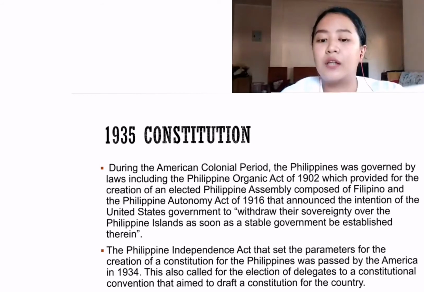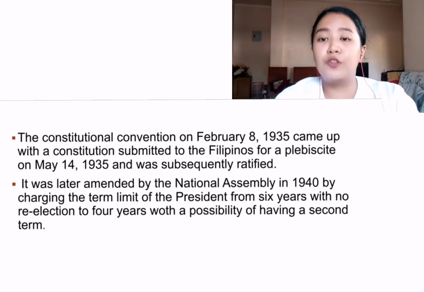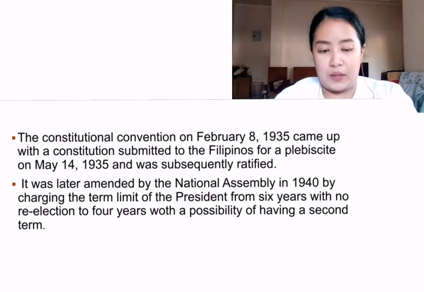And under the Tydings-McDuffie Act is the creation of the 1935 Constitution of the Philippines and the Commonwealth of the Philippines. Under the Tydings-McDuffie Act, nabuo or na-establish ang 1935 Constitution and the Commonwealth of the Philippines.